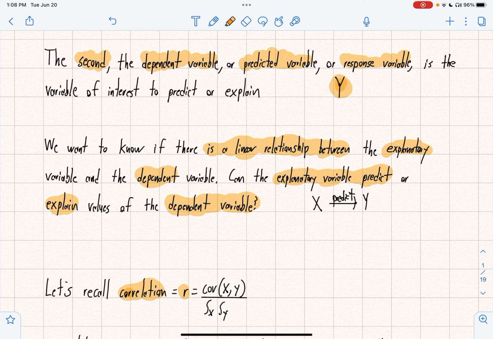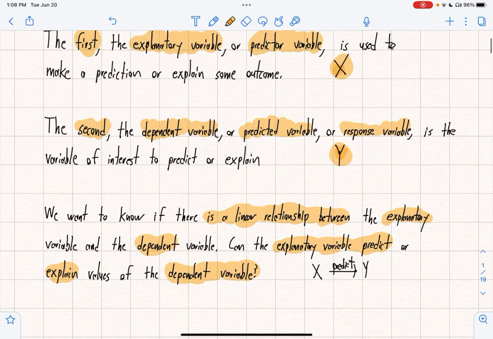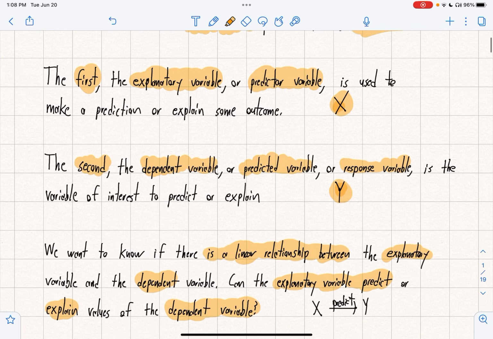And we said that correlation measures both the strength and the direction of the linear relationship between two numeric variables, and we can call them x and y. So correlation is a great starting point for this. But correlation is not really trying to determine if x can predict y. That's what we're trying to do now with linear regression.